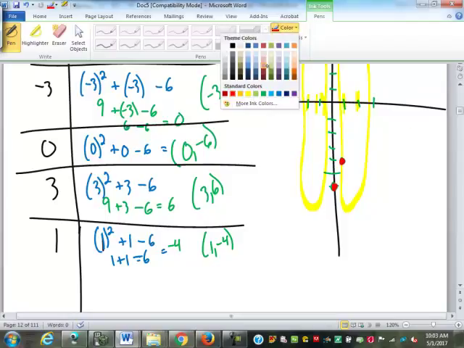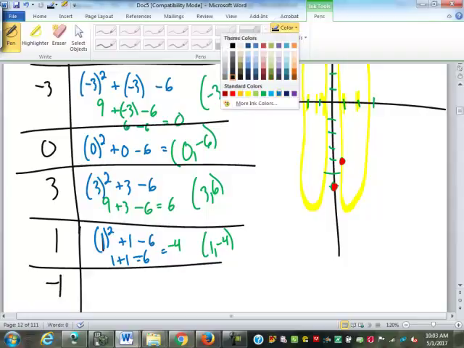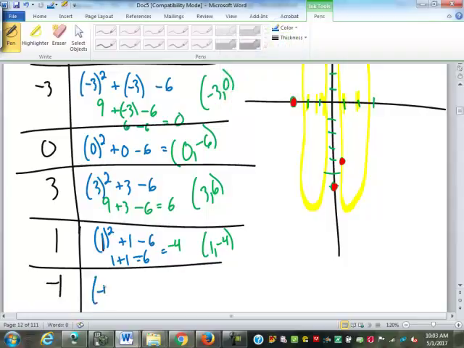Let's try -1, see if that helps us much. If x is -1, y is -1 squared plus -1 minus 6. -1 squared is 1, plus -1 is 0, minus 6 is -6. So (-1, -6) is right there, right next to the other one.